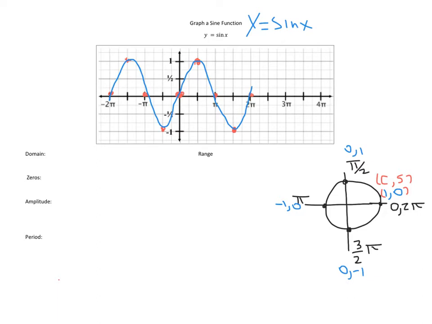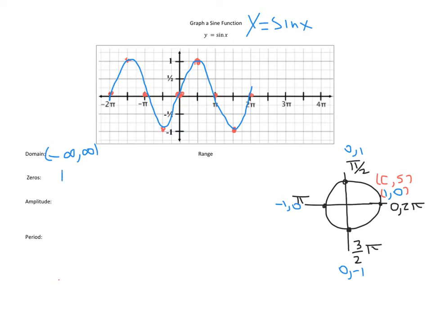So what we are going to focus on here are some basic things you need to know about this function. For example, the domain: you can see it starts from negative infinity and keeps going to infinity. The zeros are at every integer multiple of pi: 0 pi, 1 pi, 2 pi.